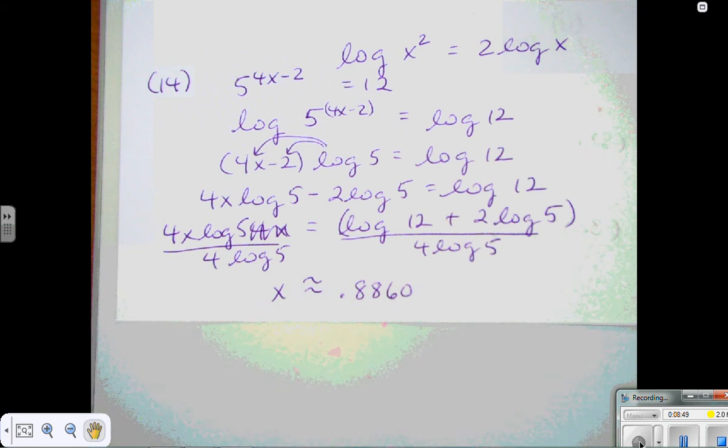Okay, I'm getting about 0.8860. Can you explain how you do that?